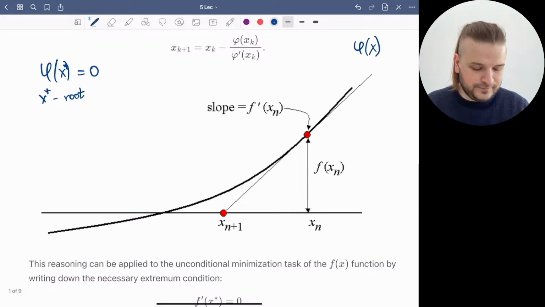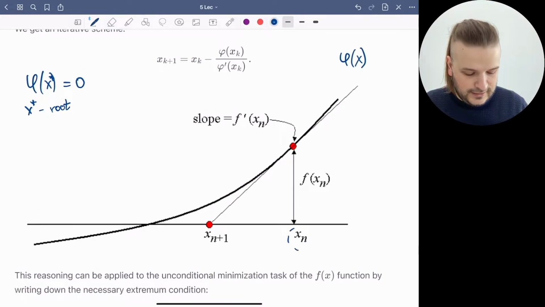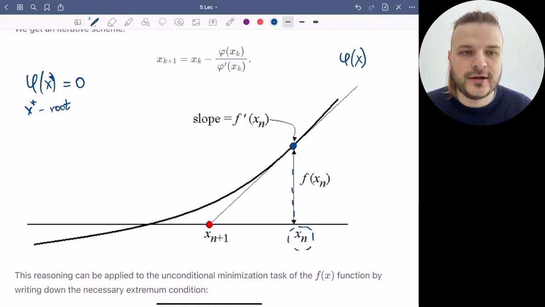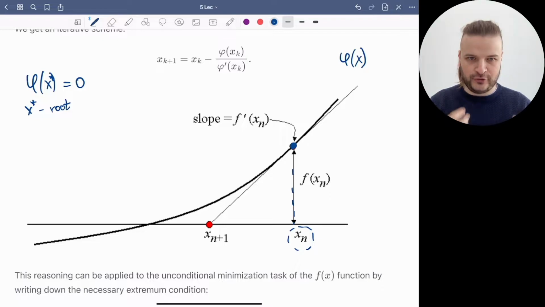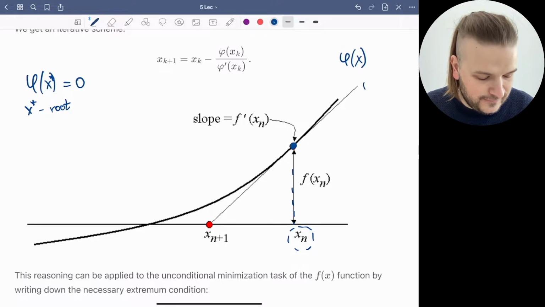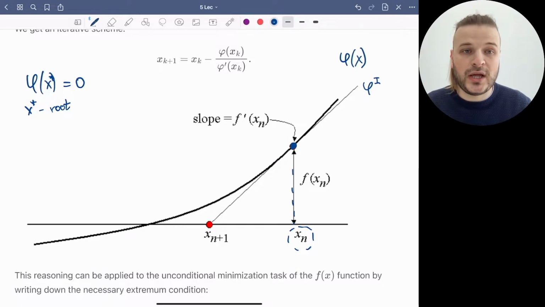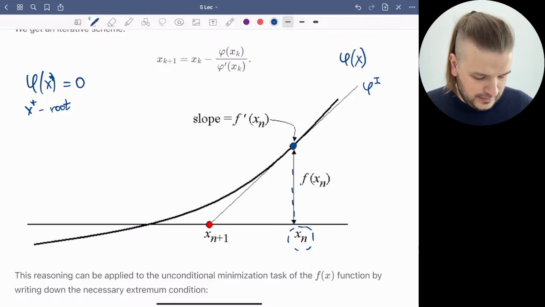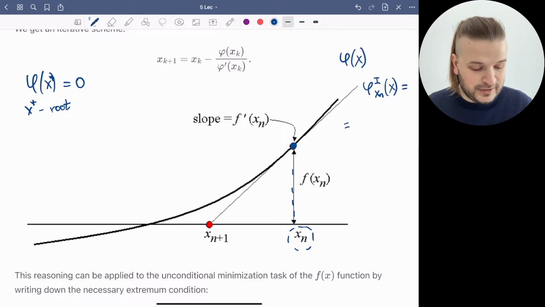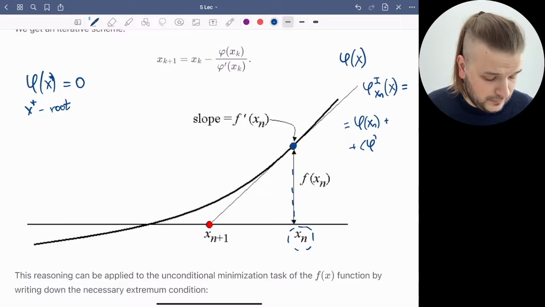Our goal is to find a root, not a minimum here. And suppose we are starting with some point, let's say xn, and here we have the function value, and we can construct the local Taylor first order approximation of our function, and we can denote it as phi with a high index 1, which means first order estimation, and with the lower index xn, of x, which is actually nothing else but phi of xn plus the derivative of phi at xn multiplied by x minus xn.